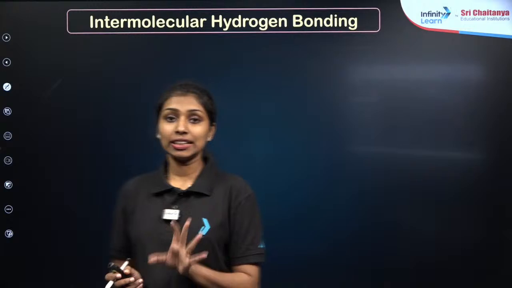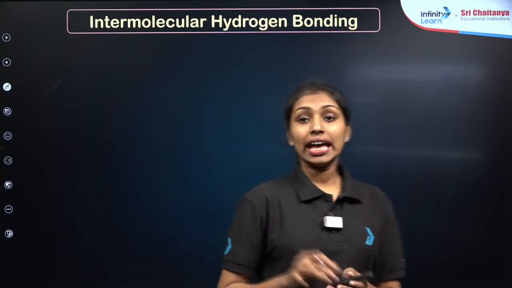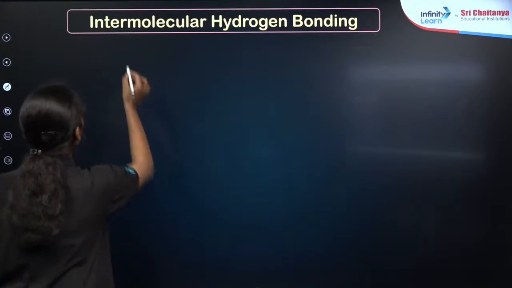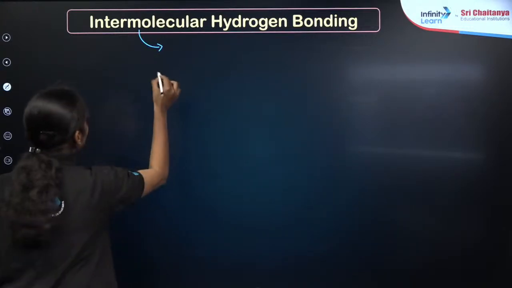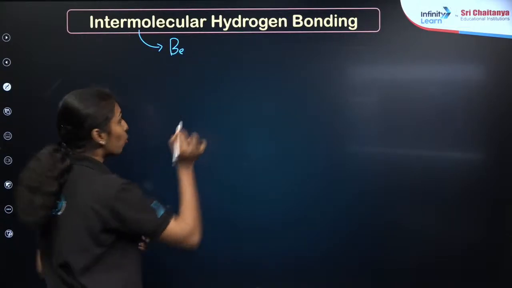Now, the first category of hydrogen bonding is the intermolecular hydrogen bonding. As the name suggests, it is between the molecules, right? Whenever two molecules are combined together, we can say that the hydrogen bonding is existing between the molecules.